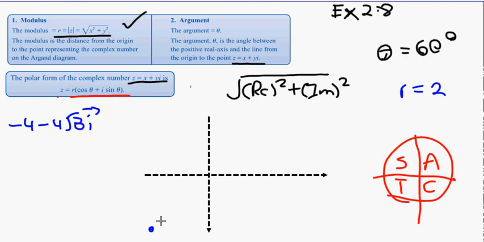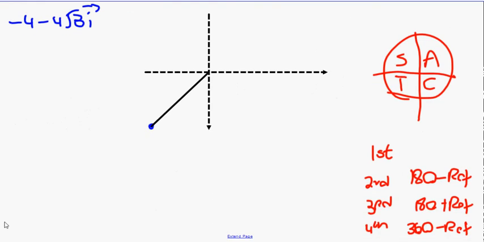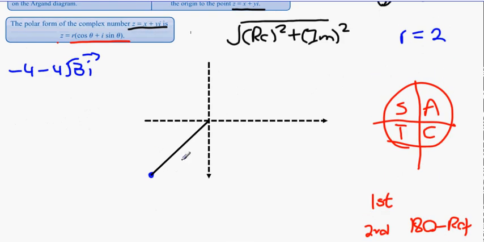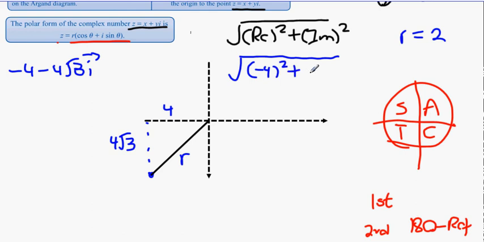So what we have is an angle in the third quadrant. Now we've got to find out the R value first. We've got to find out the modulus. You could do Pythagoras' theorem, but what we like to do instead is find the modulus. Modulus is going to be minus 4 squared plus minus 4 root 3 squared.